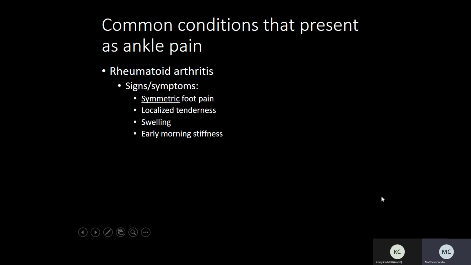And being on their feet flares it up. So what do they do? They go to the doc. Hey, both my feet hurt. What's the diagnosis that they're going to get? Plantar fasciitis, right? Foot pain, plantar fasciitis. Well, they might not have plantar fasciitis. They may have something like rheumatoid arthritis. But we need to be savvy enough and thorough enough with our examination that we can identify that and make the appropriate referrals.